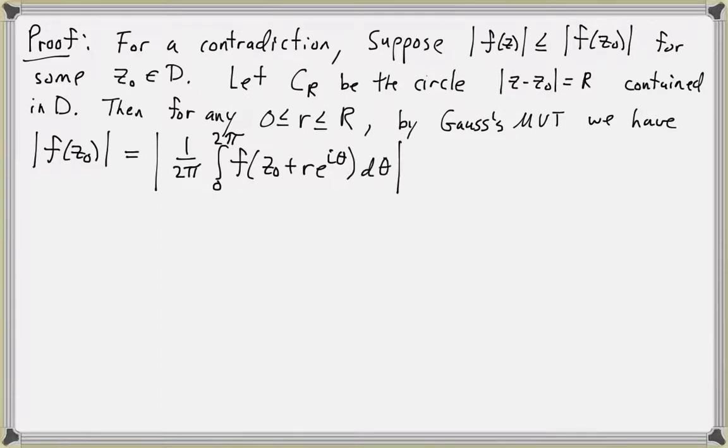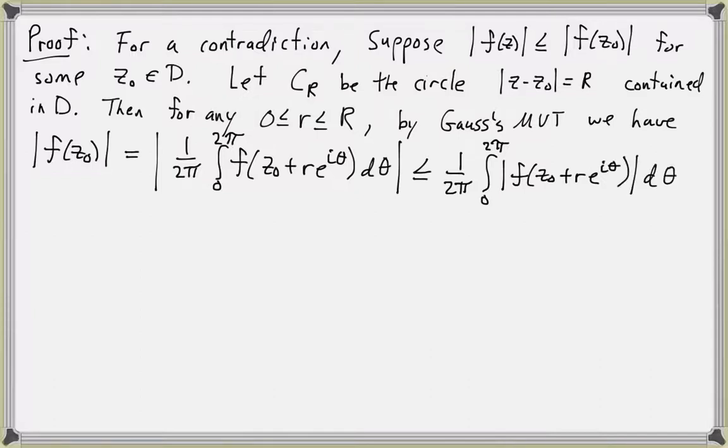And by moving the absolute values inside the integral, we have that this expression is less than or equal to 1 over 2 pi times the integral from 0 to 2 pi of the absolute value of f of z0 plus r times e to the i theta d theta.